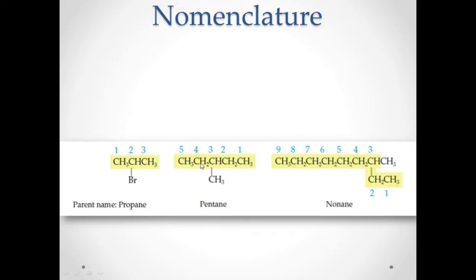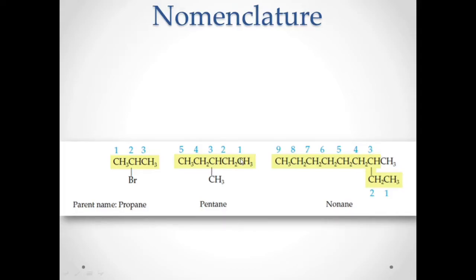Okay, so it's either you number your longest continuous carbon chain this way or the other way. So depending on that would be our next step or the following steps. Okay, because there are actually rules on how you number your carbon, according to what substituent is actually bonded to that carbon.